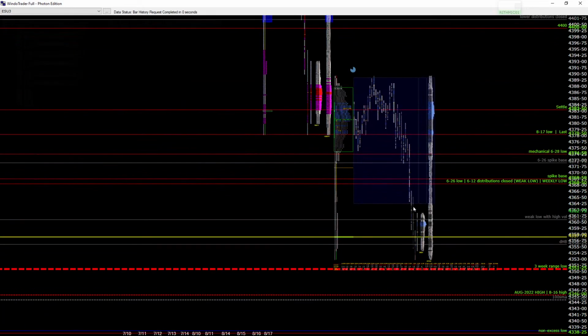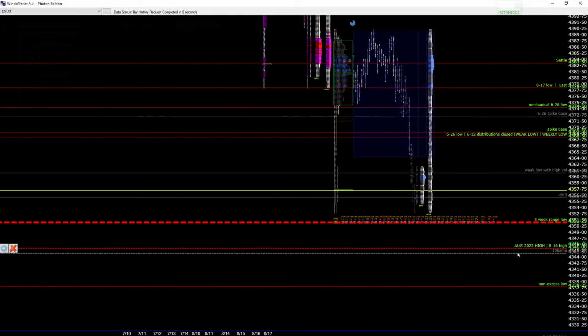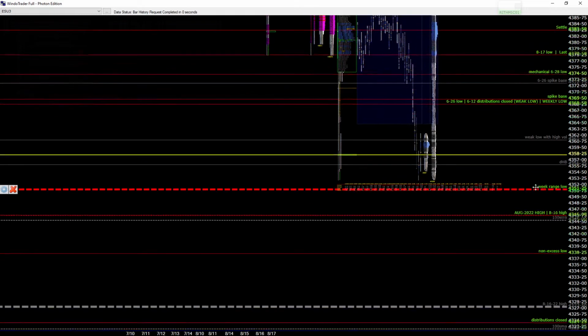My focus, my short-term focus is the gap. I'm looking at what the market can do with the gap and the overnight short inventory here. If there's nothing the market does relative to the short inventory, this low, what is this low?